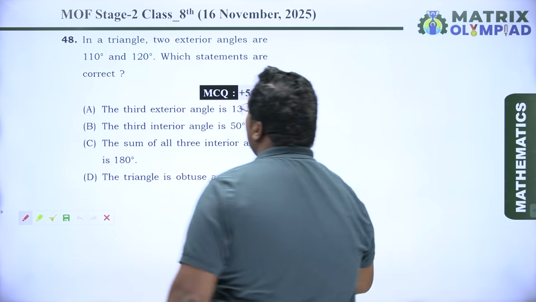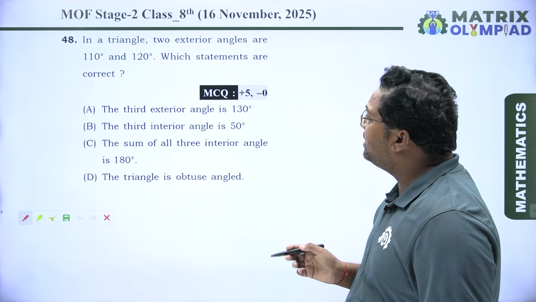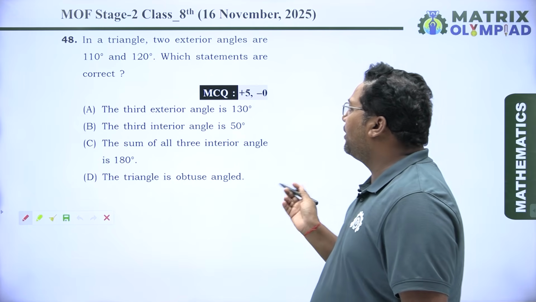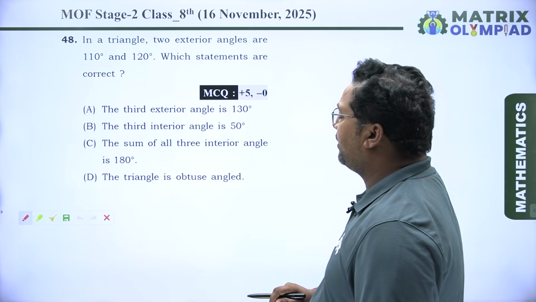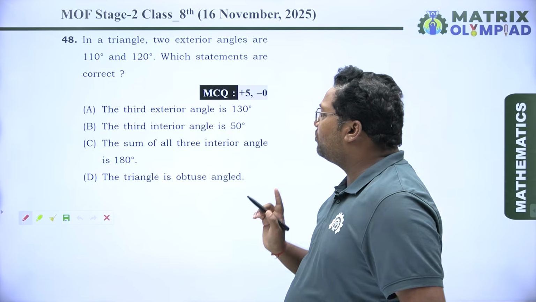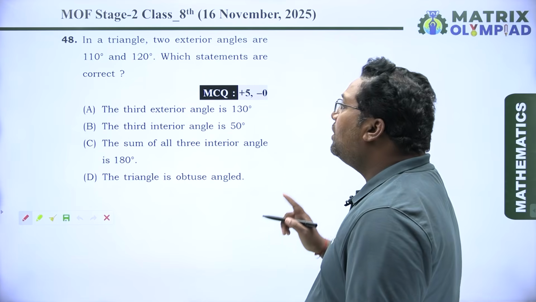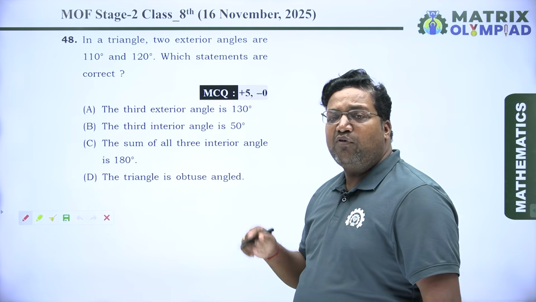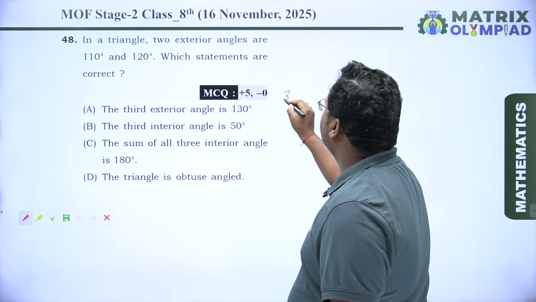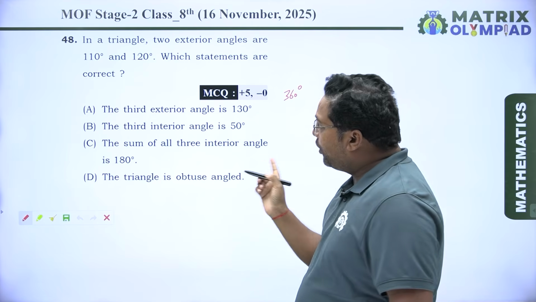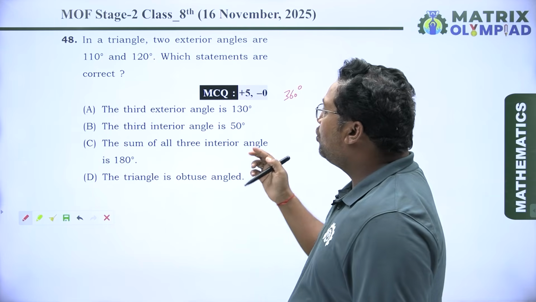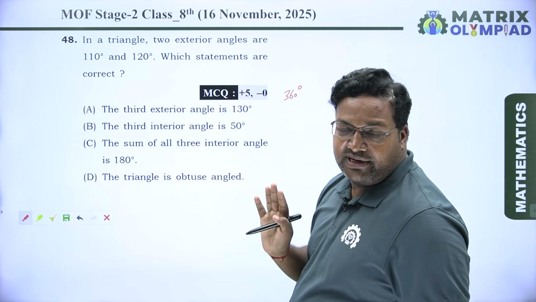In a triangle, two exterior angles are 110 and 120 degree. Which statements are correct? The third exterior angle is 130 degree. And we know for any polygon, the sum of all exterior angles is 360 degree. So here the polygon given is a triangle. So two exterior angles are given.